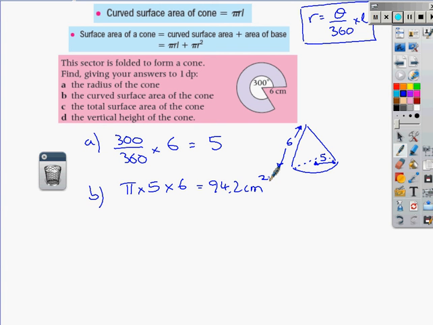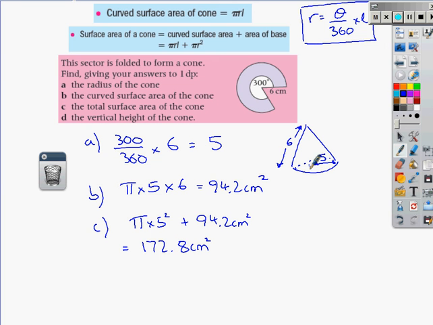Now the total surface area of the cone, well, we said that was the curved surface area plus the circle at the bottom. So that'll be pi r squared for the base, so pi times 5 squared, plus the curved surface area, which is 94.2 centimetres squared. Add those two together and we get 172.8 centimetres squared.